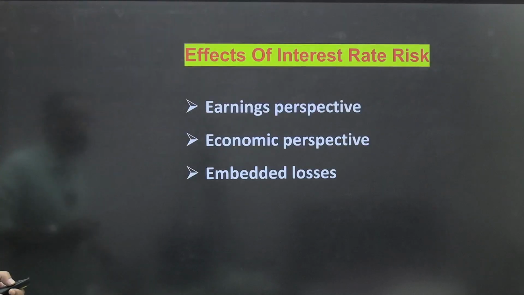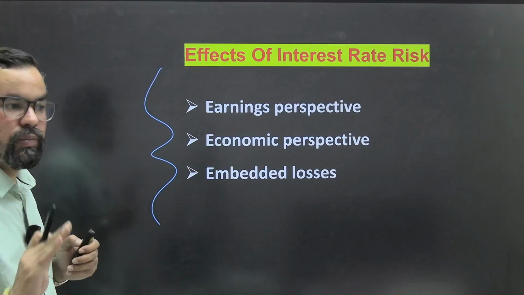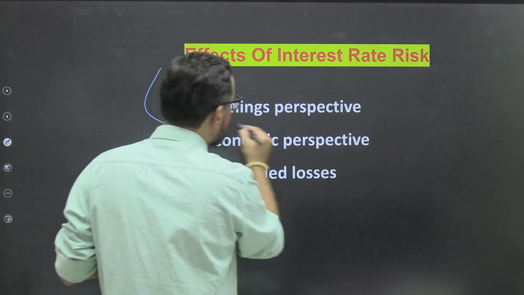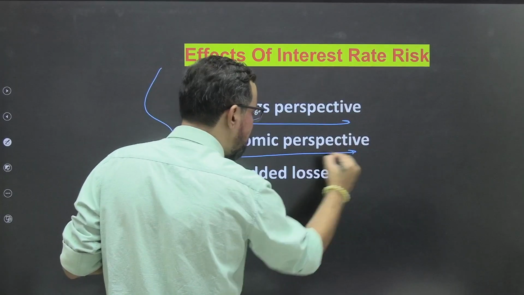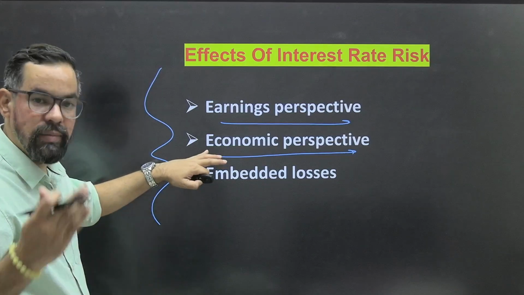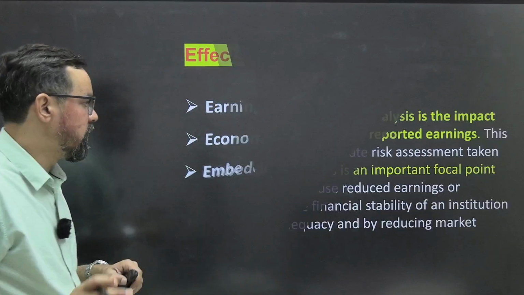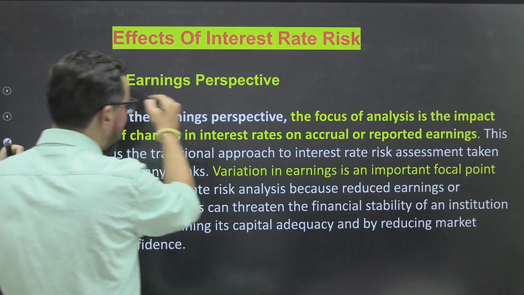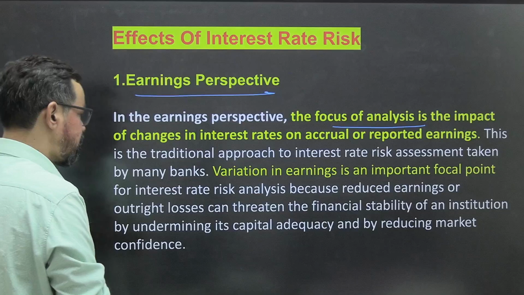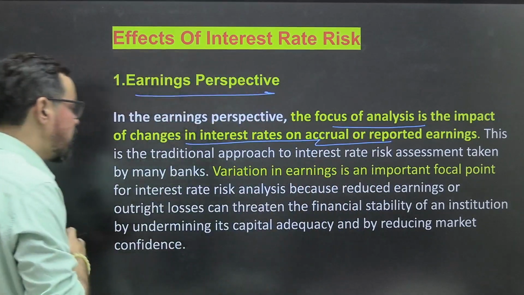Next one. So now, effect of interest rate, the very last sub topic of your entire unit. So earning perspective, economic perspective means आपका long term perspective about that particular bank or something related to solvency, and embedded loss. ठीक है, embedded we discussed so many times. So in the earning perspective, the focus of analysis is the impact of changes in interest rate on accrual or reported earning.